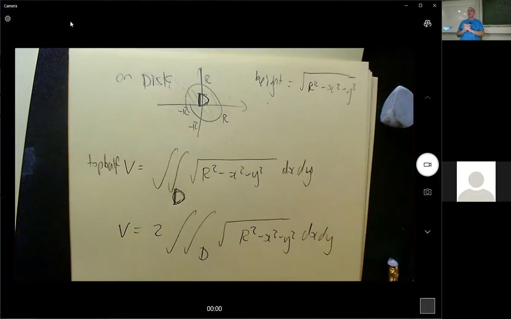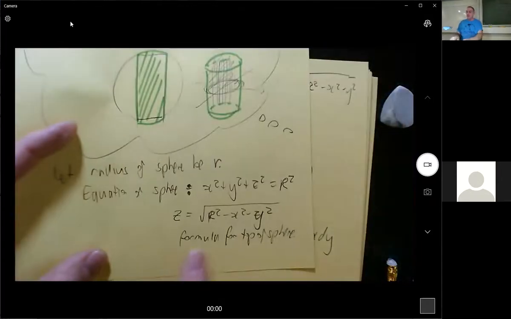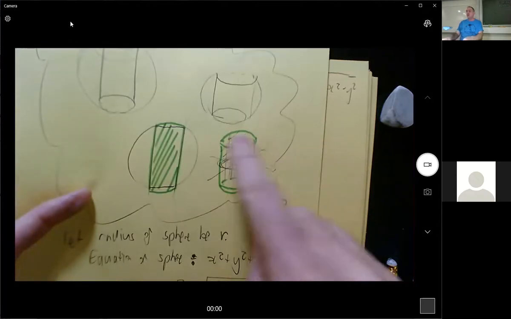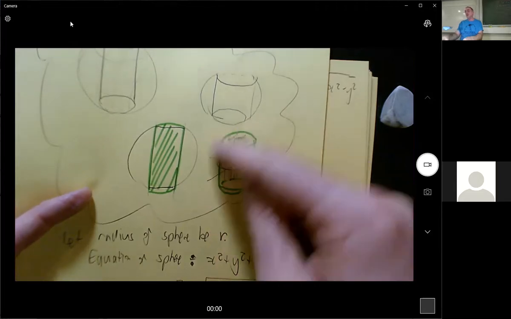How are people feeling about what I've just done? Because this is the top of the sphere, because I took the plus square root, which means it only tells me how high this is. And so I've got this base times this height, which will give me the top half.